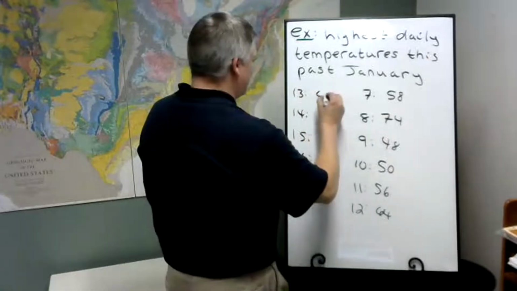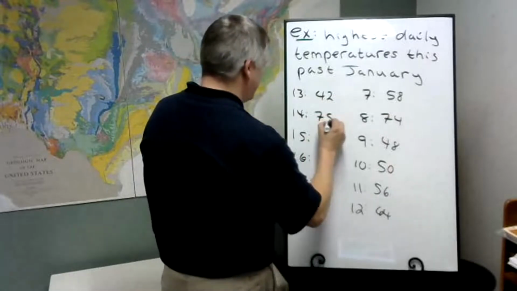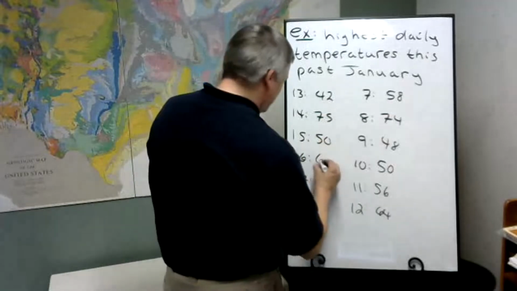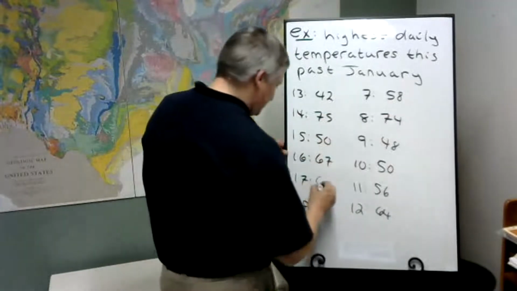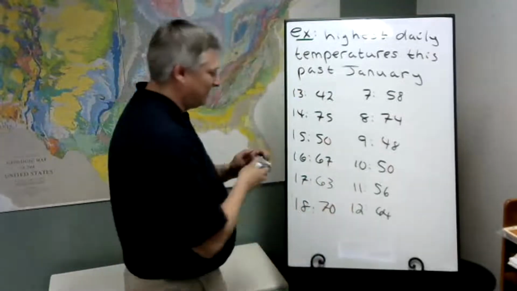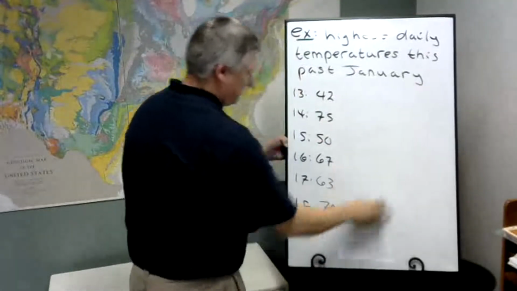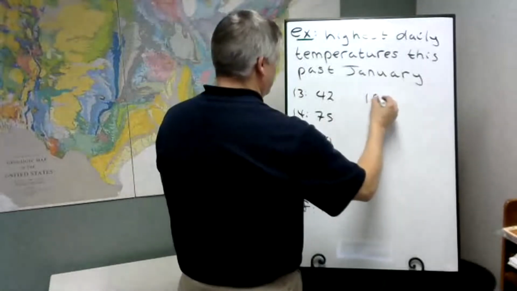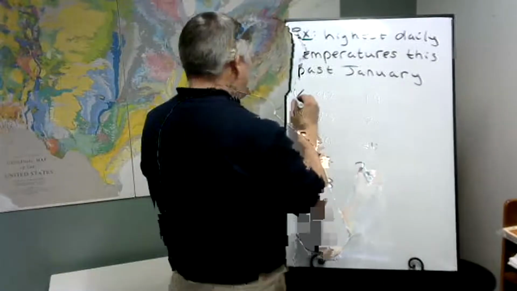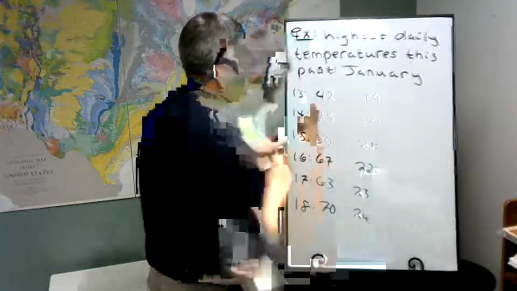So the 13th, we had 42 as our high temperature. On the 14th, 75. 15th is 50. 16th is 67. 17 is 63. 18 is 70. 19, 20, 21, 22, 23, 24.